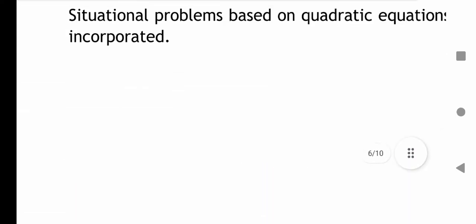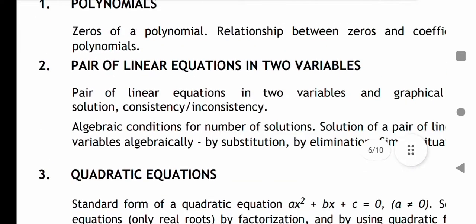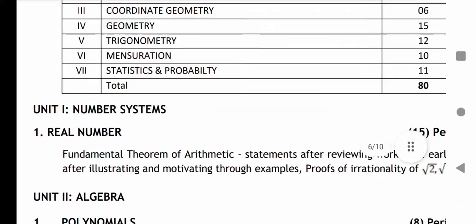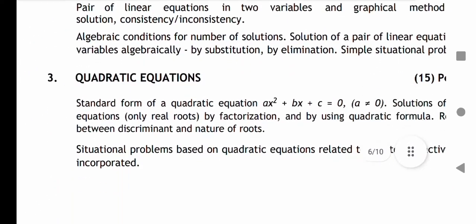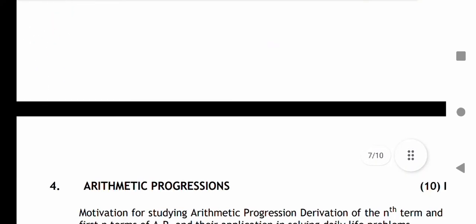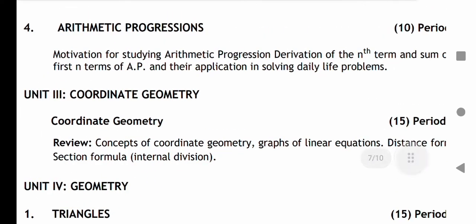So these 4 chapters would be asked in the algebra portion, which is of how many marks? 20 marks. So you can study these chapters well to gain more marks, because 20 marks of questions would come from these 4 chapters only.